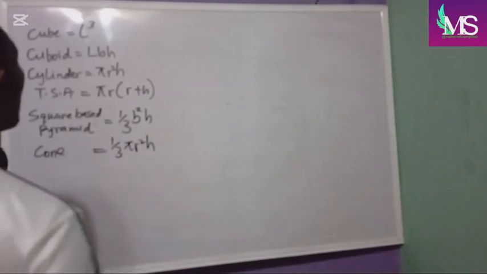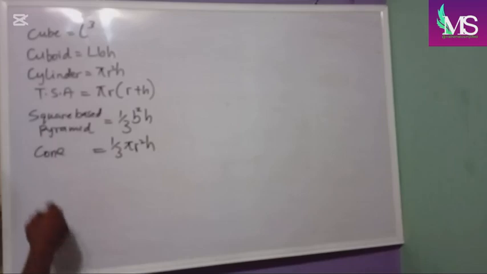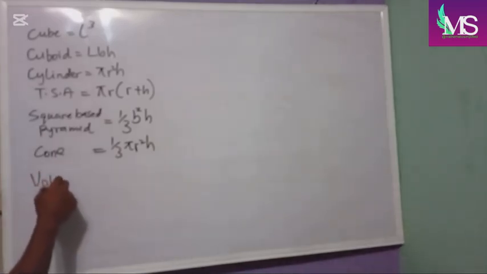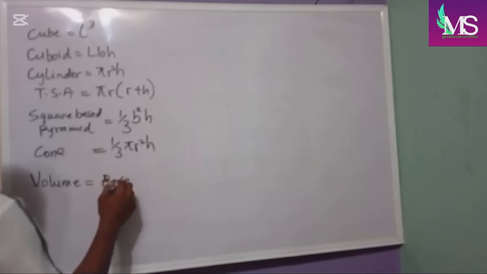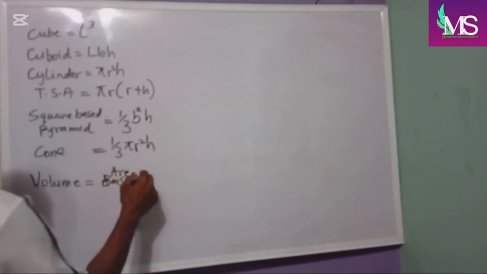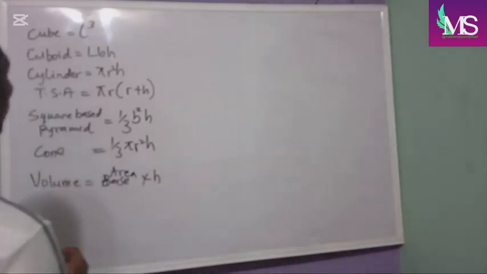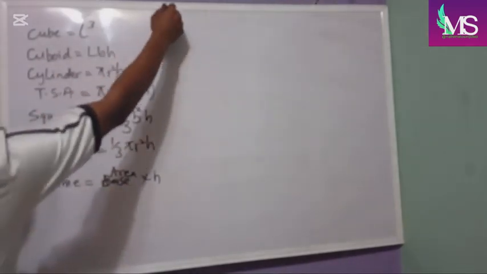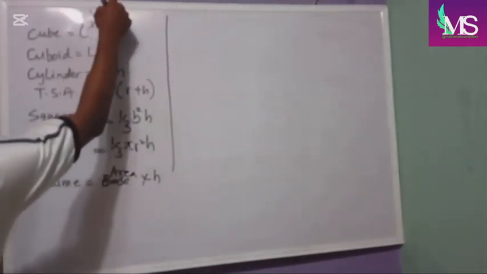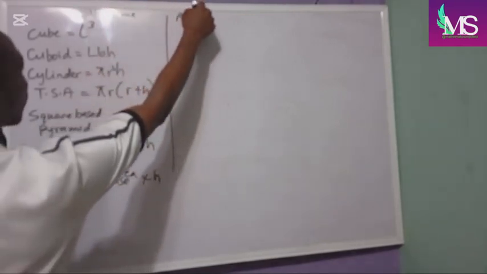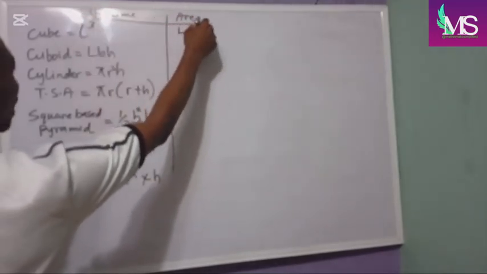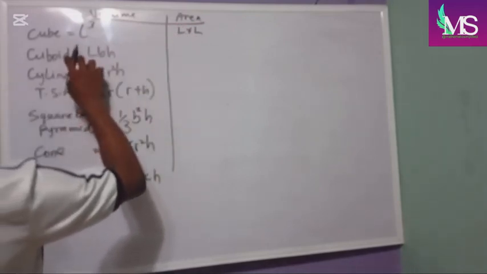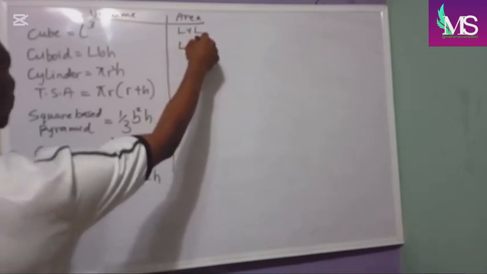Now, in it all, one important thing to always remember is that your volume equals base area times height. For each and every one of these, let's look at area. The area of our cube, which is a square, will be length times length. The area of our cuboid will be length times breadth.